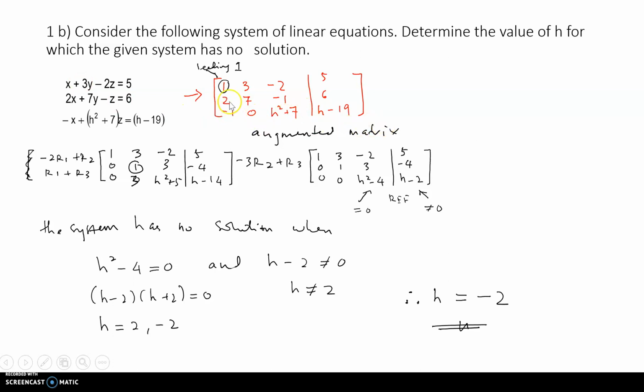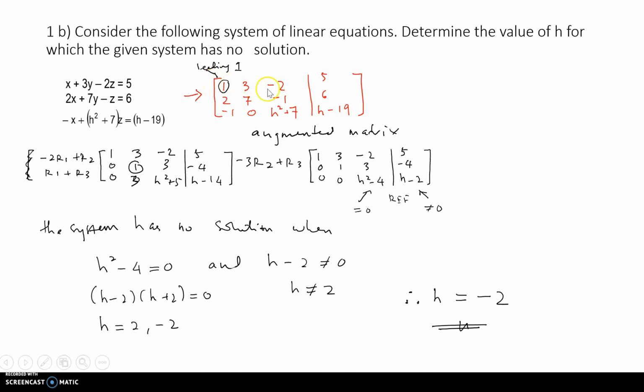I hope you have no problem transforming into an augmented matrix. The left part is the coefficients of the system and the right part is the constants. Then the next step is to determine the leading one.